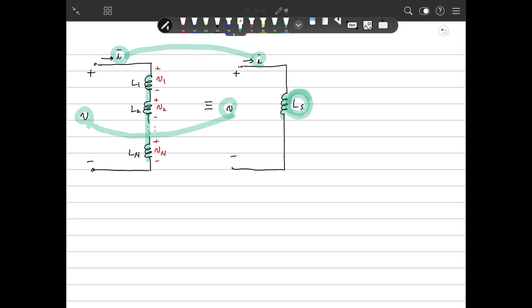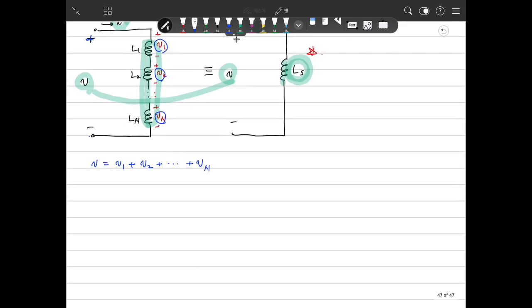Then we can say the voltage across Ls is the same as for the series connected inductors. So our target is to find out what Ls is. Because the inductors are series connected, the total terminal voltage V is the same as the sum of all voltages over here. So we can write V is V1 plus V2 plus Vn.